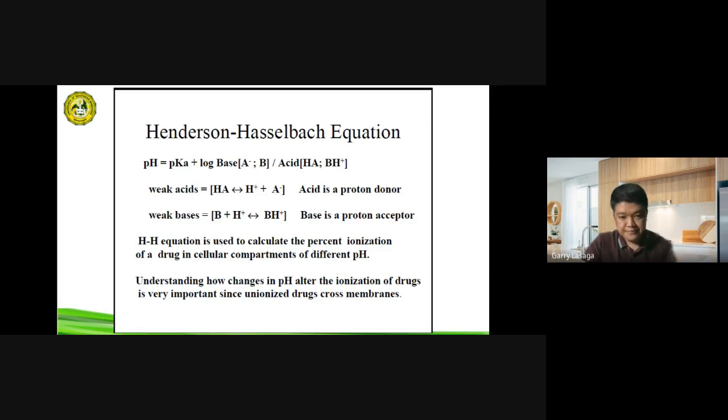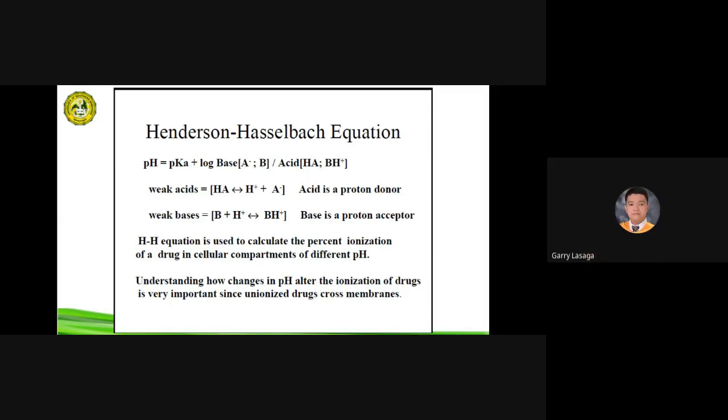For example, the pH of the stomach, particularly the gastric pH, is different from the pH contained in the fluids of the intestines or the intestinal fluid. The pH of the blood is different from the pH of milk, for example. The pH of the fetal fluid, the fluid that is contained within the fetus through the amnion, is different from the pH of the maternal fluid. And so that could refer to the different cellular compartments.